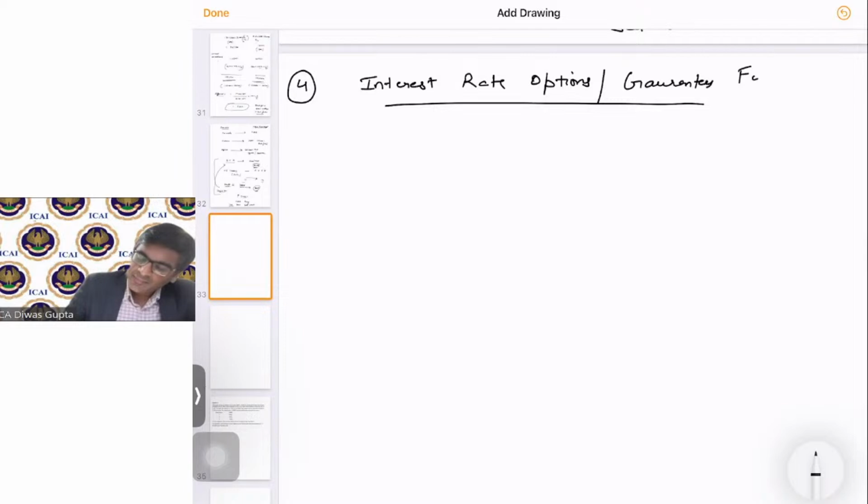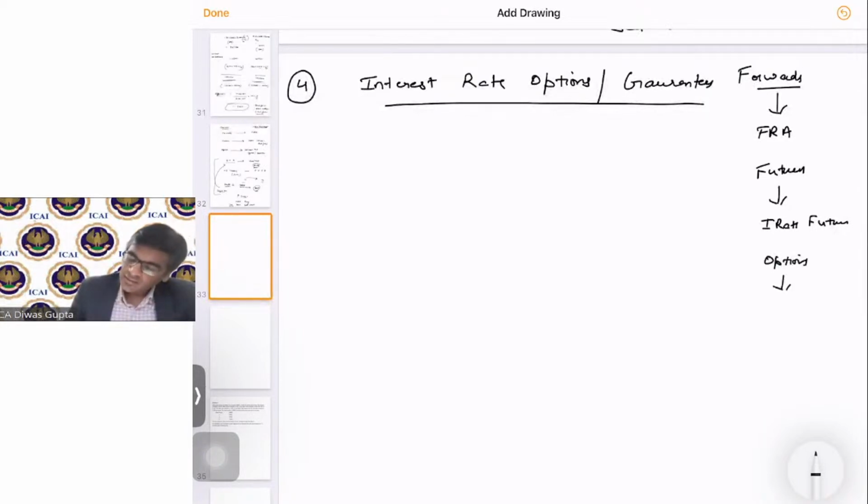Forwards is equal to FRA, futures that we had studied is equal to IRF, interest rate futures, and options, the third instrument, is mostly equal to interest rate options slash guarantee.